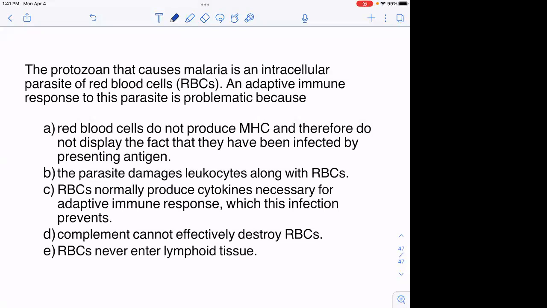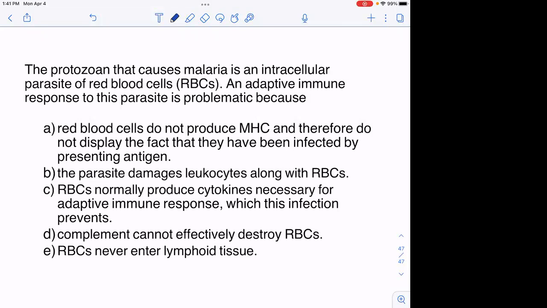Thoughts? So you didn't really have to know anything about malaria, but I like this question because we did talk about malaria. But what's special about red blood cells? Right, they don't have a nucleus.